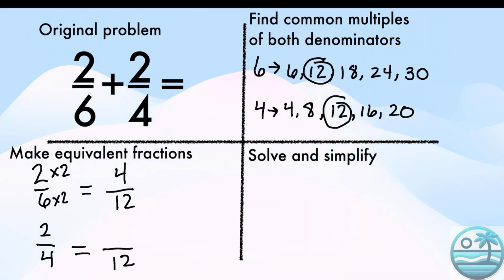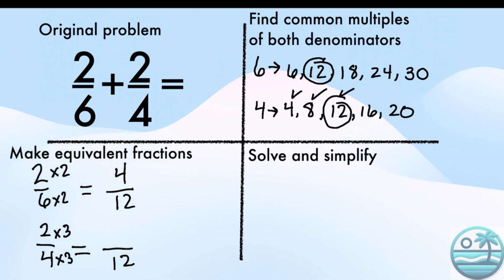For my bottom fraction there, 2/4, I had to multiply my 4 by 3 to get to 12. So I'll do the same with my numerator and multiply that by 3 as well. 2/4 is the same as 6/12.